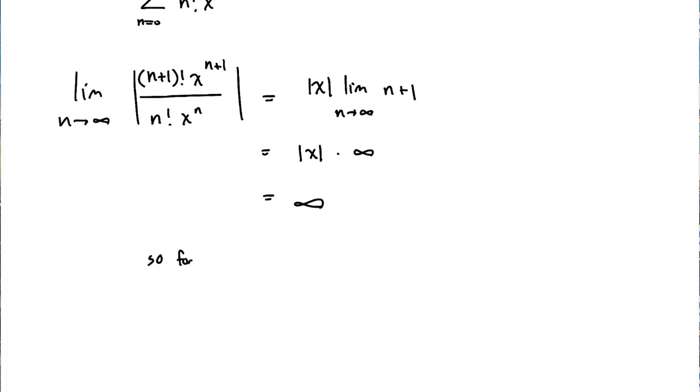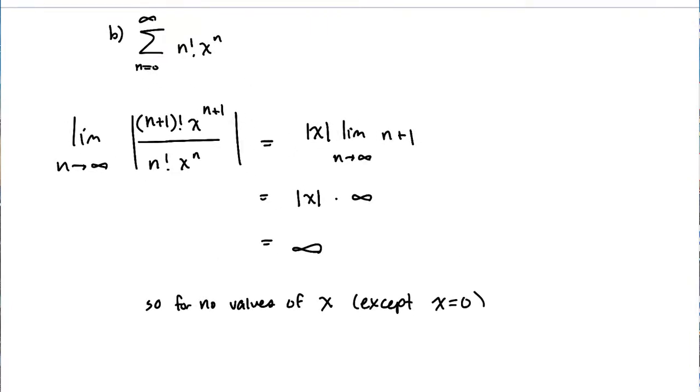So the series converges for no values of x except when x is actually equal to 0. So when I have 0 for my series, that series is obviously going to converge to 0.